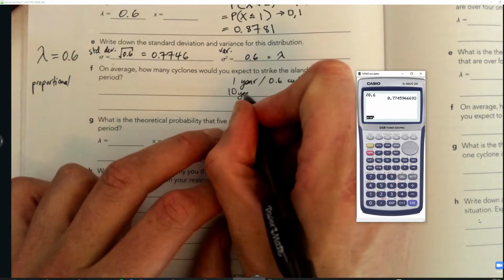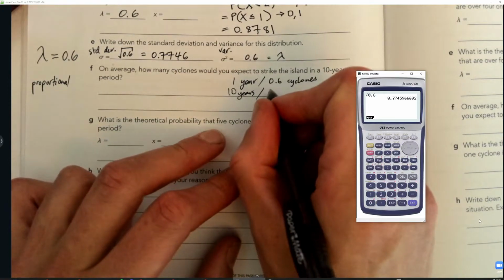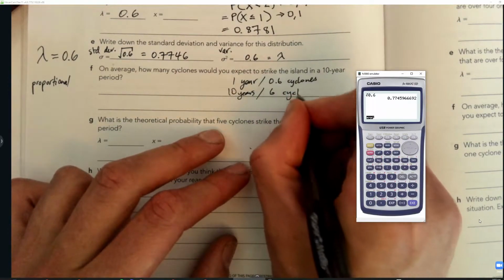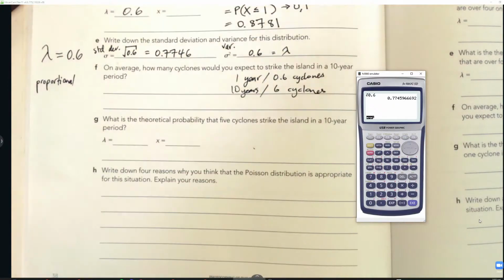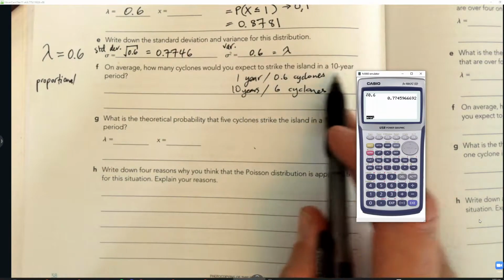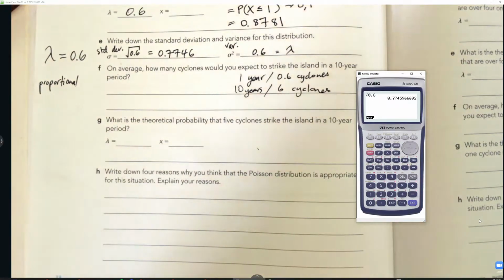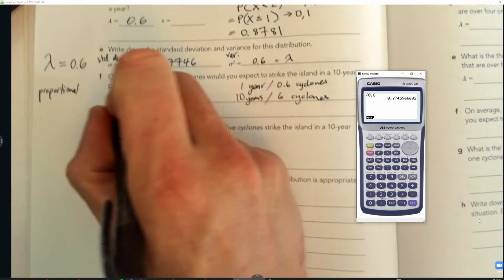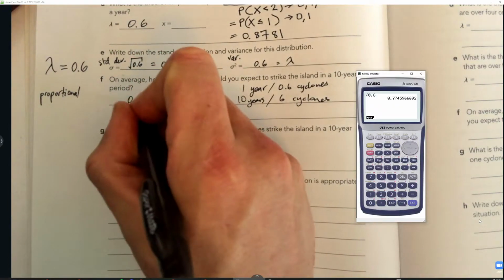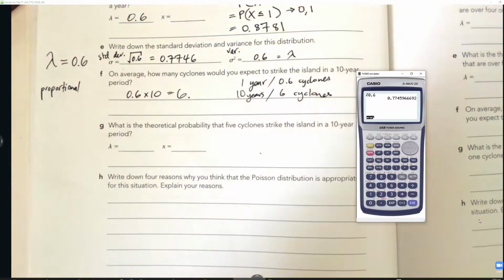So 10 years is going to take us to 10 times 0.6, which is 6 cyclones. That's just how Poisson works. It's a proportional distribution. So on average, 6 cyclones. I could show a calculation: 0.6 times 10 equals 6.